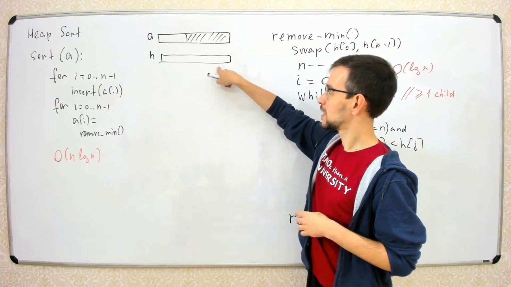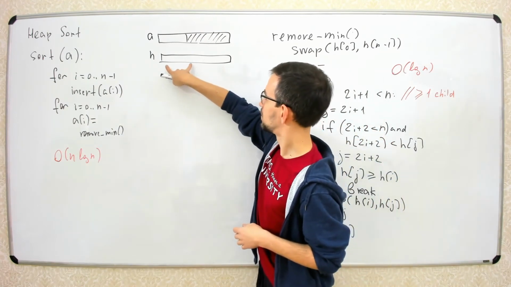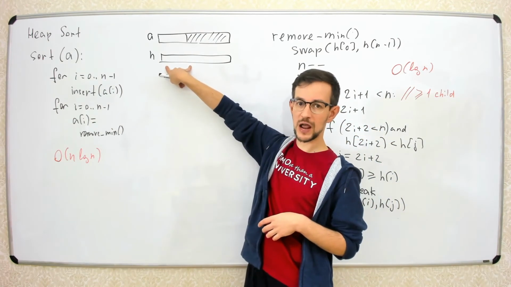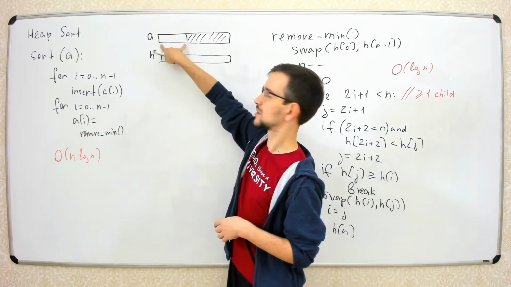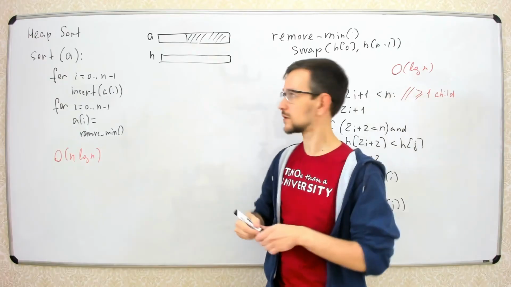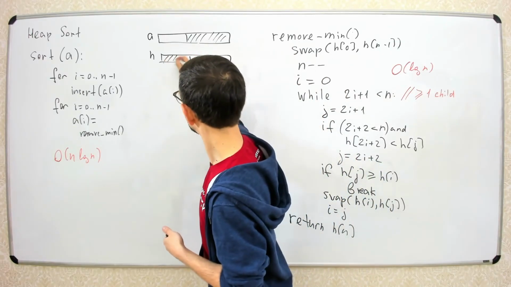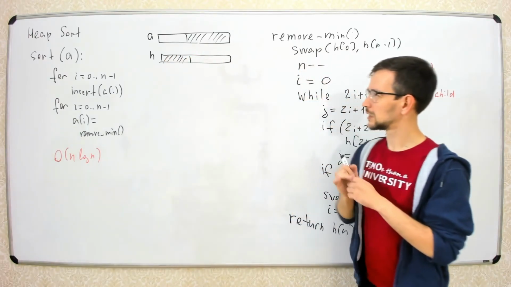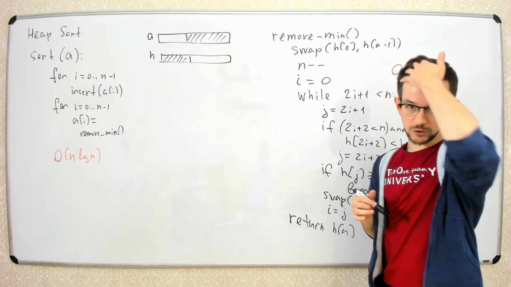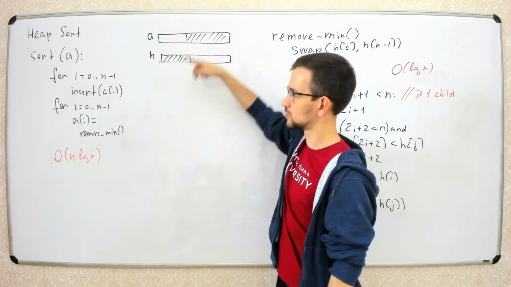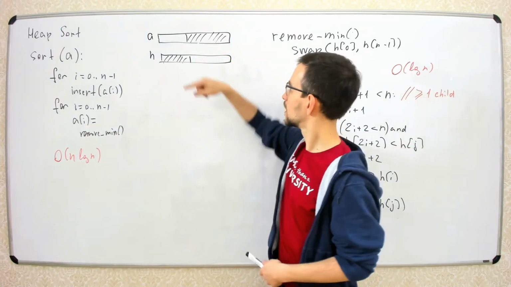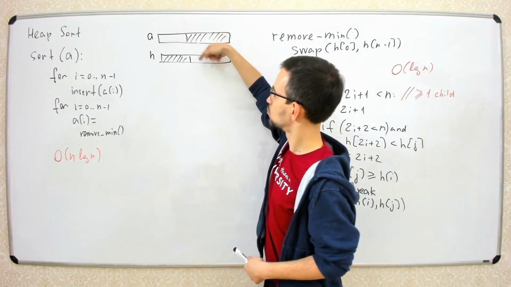In array H, only this part is filled. So the number of elements in array H is the same as the number of elements you removed from array A. So you take one element from array A, insert it into array H using the binary heap algorithm. Now you take the next element, move it here, and so on.